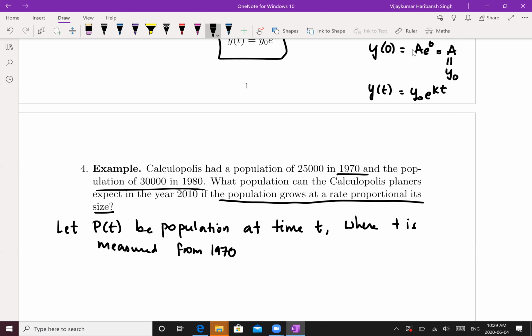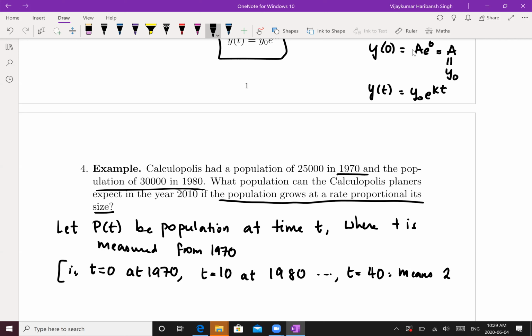It means t equals 0 at 1970, t equals 10 at 1980, and t equals 40 means you are at 2010. Because that is the starting point of this. Now you can say, why didn't we start with t equals 1970 at 1970? You can do that too. The solution will be the same.